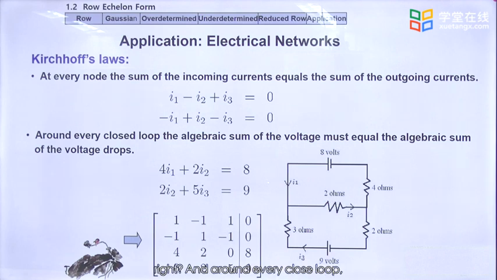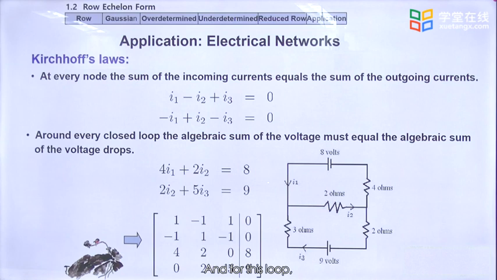And around every closed loop, the algebraic sum of the voltage must equal the algebraic sum of the voltage drops. So, for example, in this loop, the voltage is 8. We have 8, which equals the voltage drops, so you will get 4I1 plus 2I2 equals 8 for this loop.